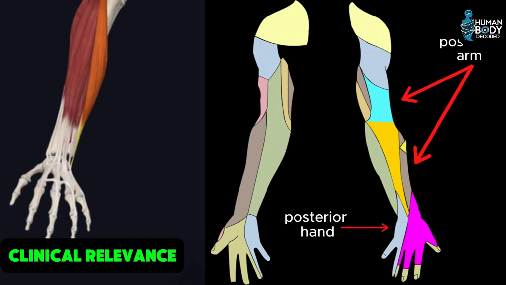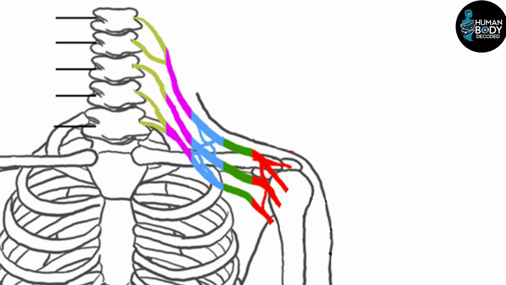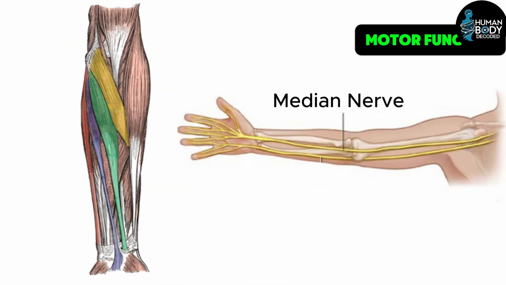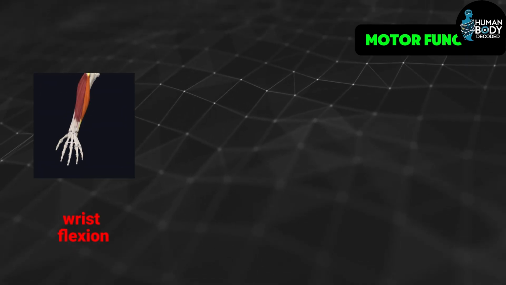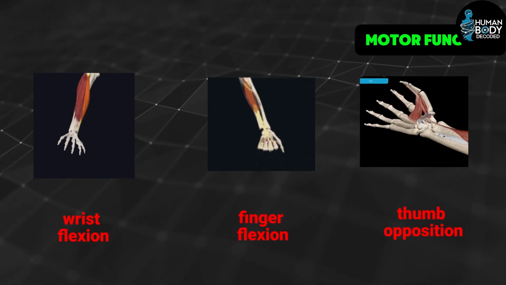4. The median nerve. Origin: lateral and medial cords, C5, C6, C7, C8, T1. Motor function. The median nerve innervates most of the flexor muscles in the forearm and is responsible for wrist flexion, finger flexion, and thumb opposition.